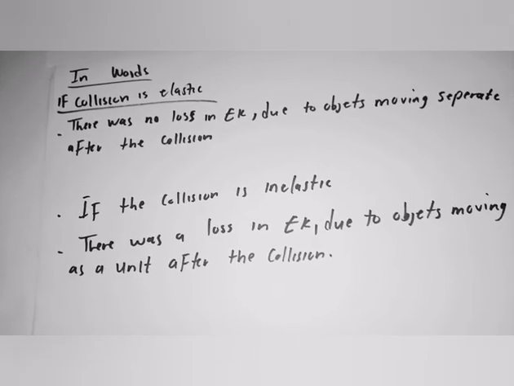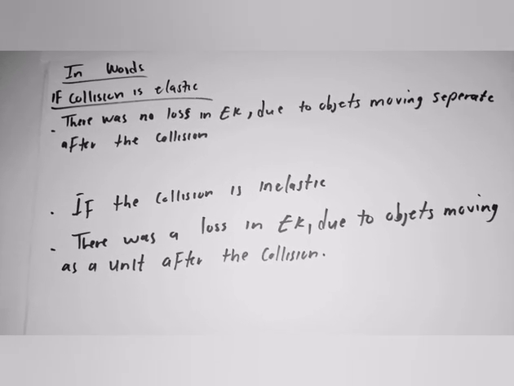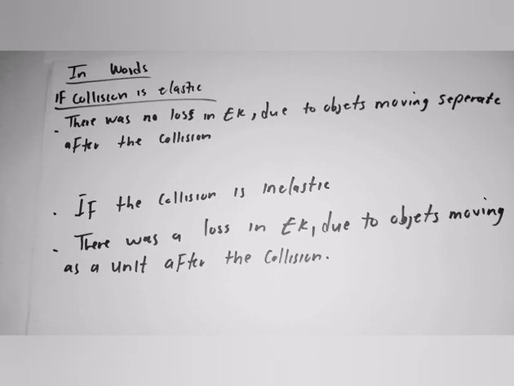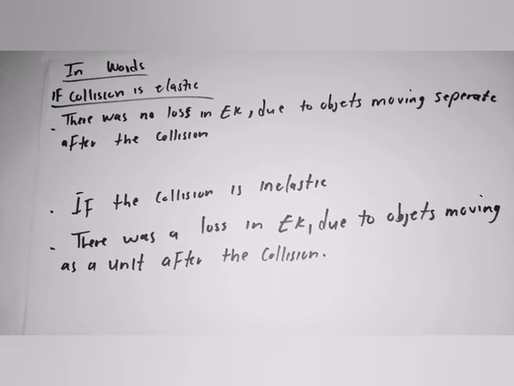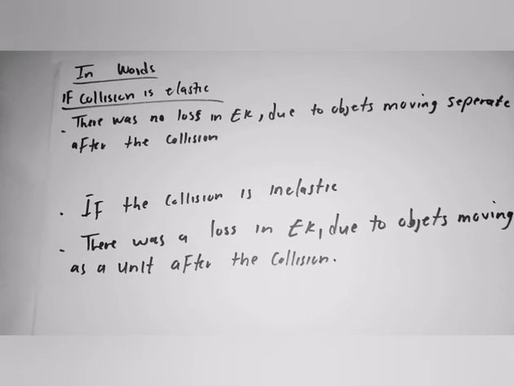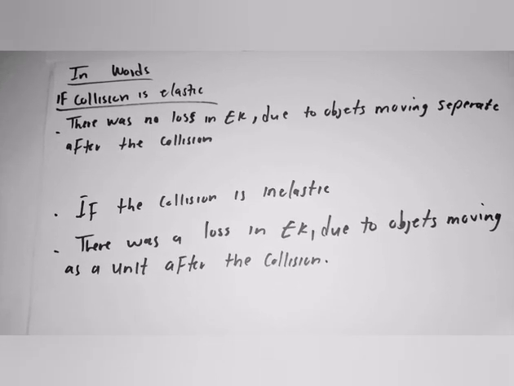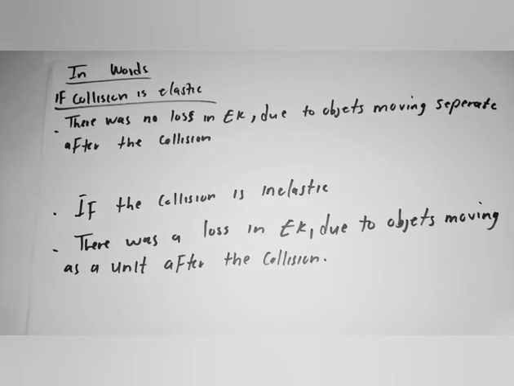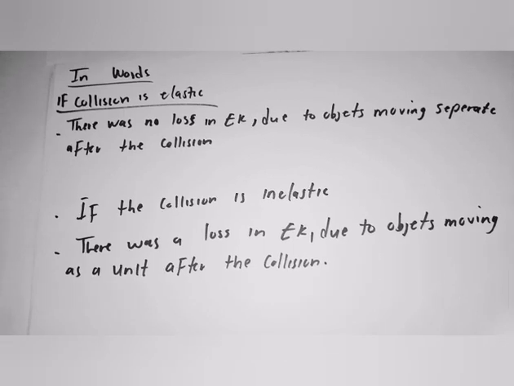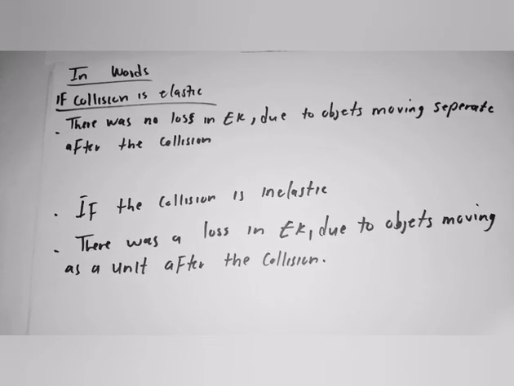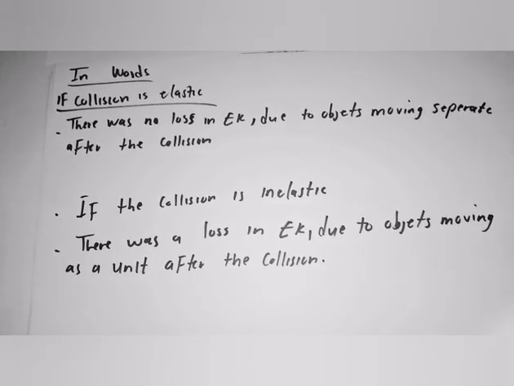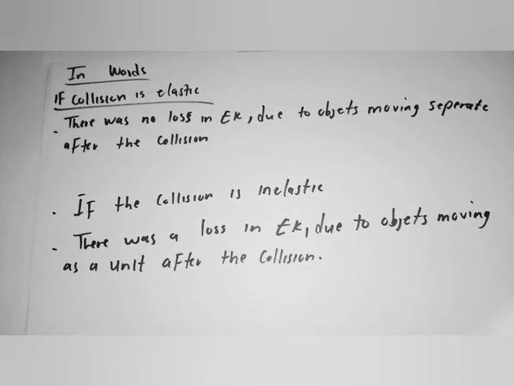So now if you are explaining in words, if a collision is elastic, you say that there was no loss in EK due to objects moving separate after the collision. For an example, snooker balls, when you hit those balls, they move separate after the collision. Therefore, we'll say the collision is elastic.